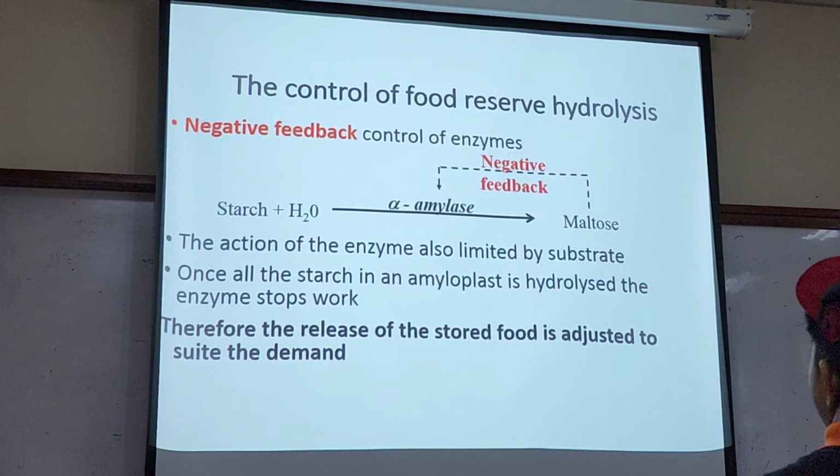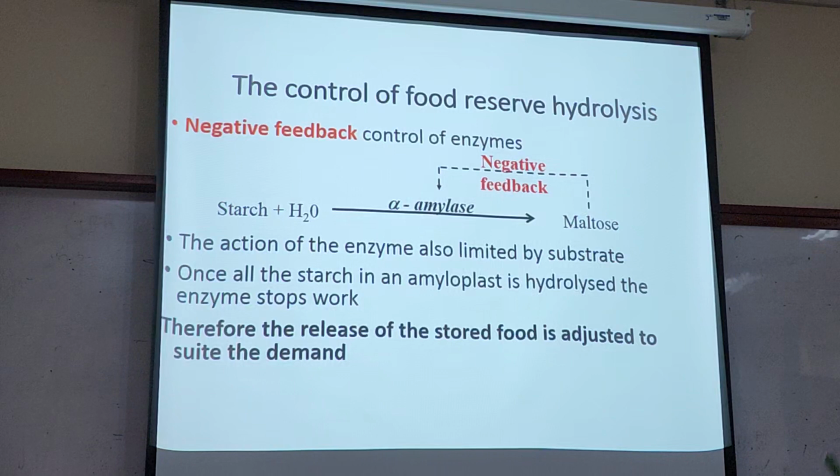Yeah. So you can see that the release of complex carbohydrate for use by the embryo is determined by the demand, meaning that if you have germinating seeds in two temperatures, the cool temperature and the warm temperature, you're going to see that the cool one is going to grow slowly.